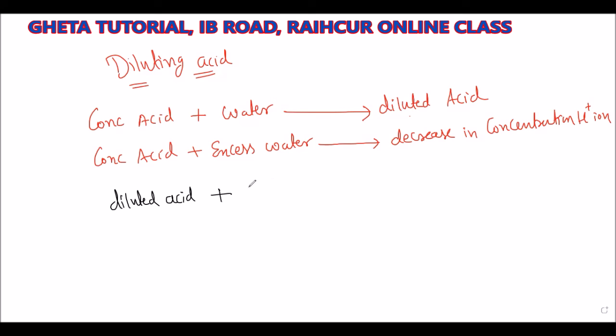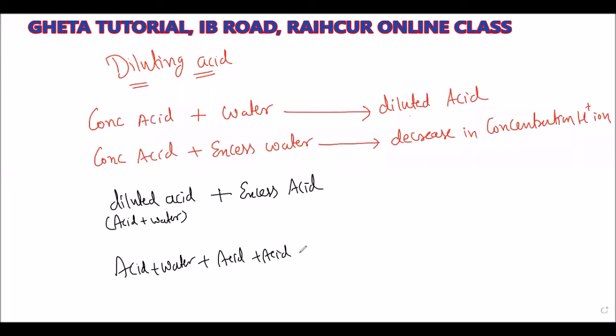Suppose now if you are adding excess acid, here you are adding what? Excess acid you are adding. Diluted acid means acid plus water is present in the diluted acid. Now what you are adding here? Excess acid. Means acid plus water is already present, again you are adding acid.